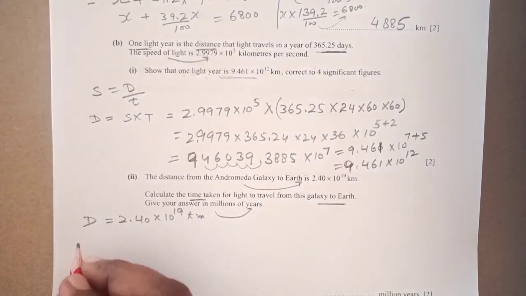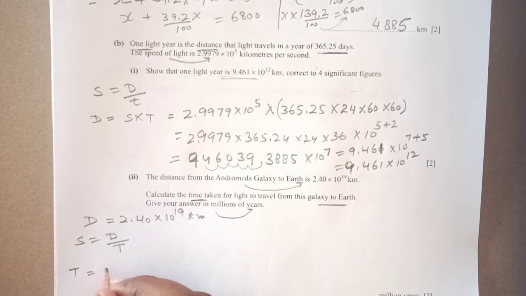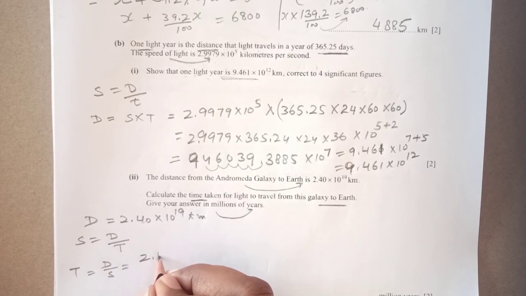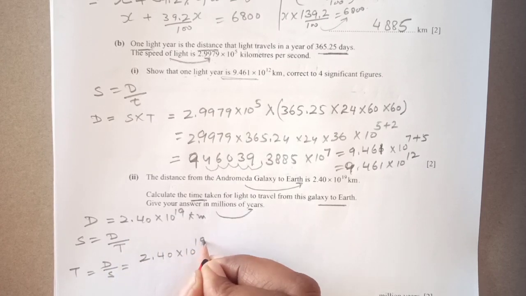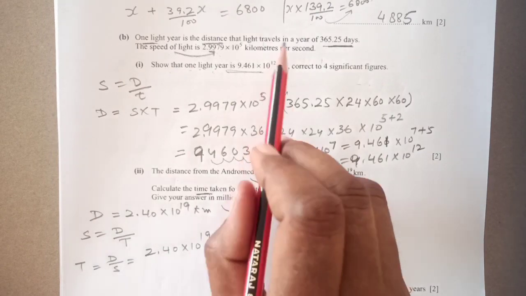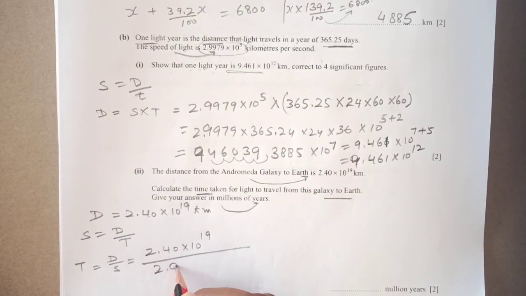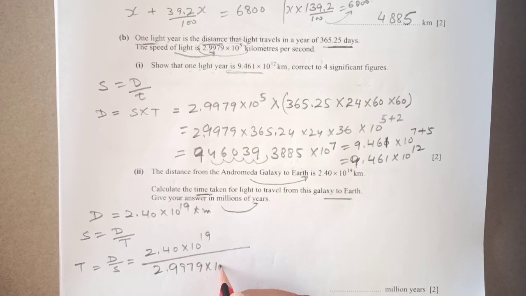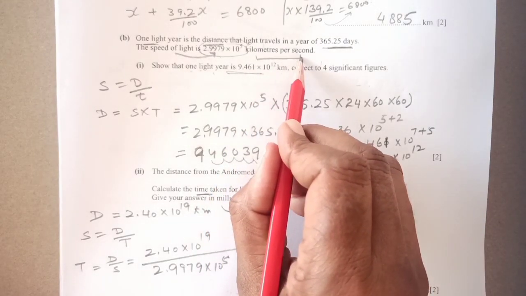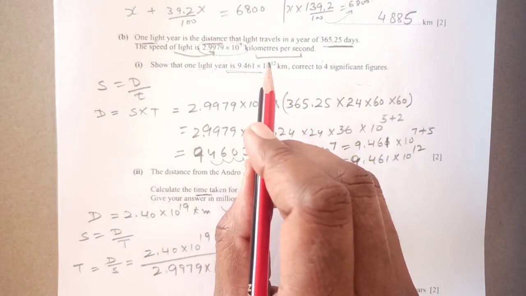And then we have speed. Speed is equal to distance over time, and we are looking for time. Time is going to be distance over speed. So distance is 2.40 times 10 raised to power 19, there is no doubt. Now speed. What is speed? Speed is here, 2.9979 times 10 raised to power 5. This speed is in kilometer per second, and we are looking for it in years.